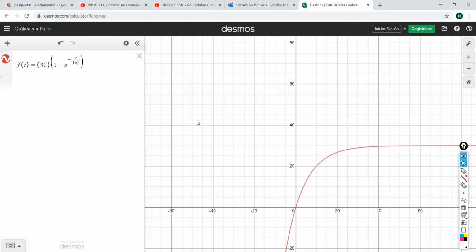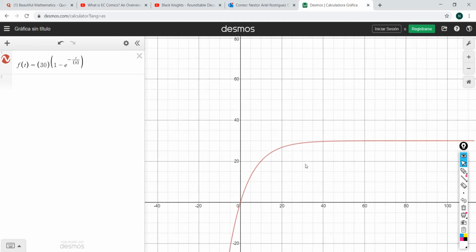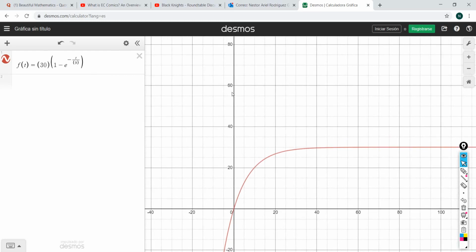Try to give an interpretation, taking into account, again, I repeat, that this is the charge of the capacitor, and this is the time that the capacitor has been plugged to a voltage source from time 0. So struggle a little bit.